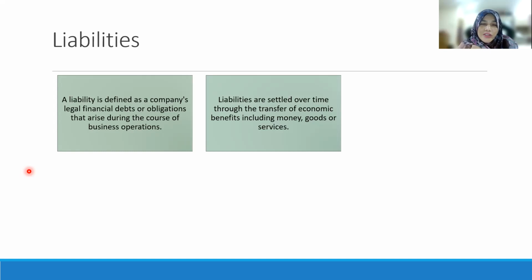If you are doing a transaction that will create liability in the future, you need to record it down in writing.